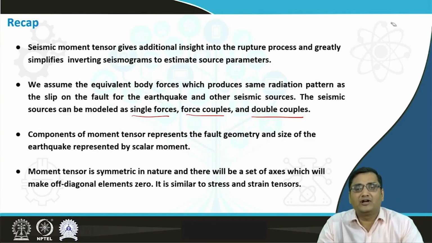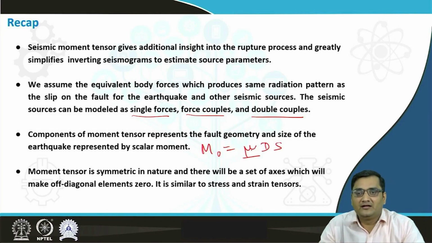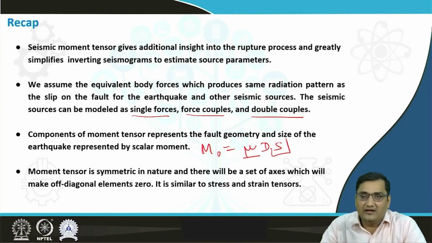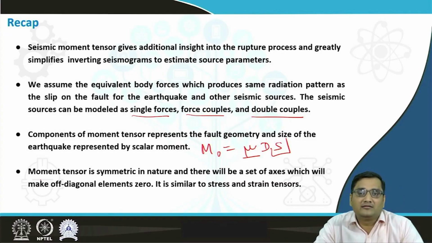The components of the moment tensor represent the fault geometry, and the size of the earthquake is represented by a scalar moment, M naught, where M naught is equal to mu D S, where mu is the shear modulus, D is the slip and S is the area of the fault. The moment tensor, like stress and strain, is symmetric in nature.